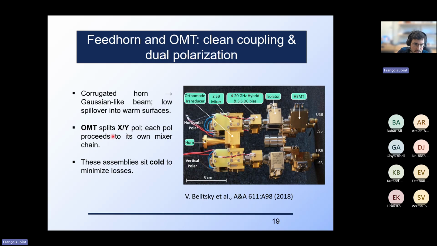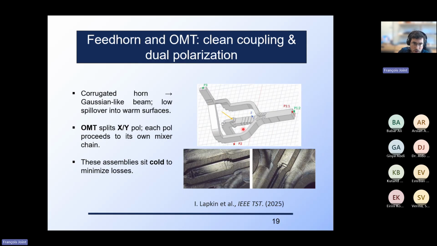As I said, the OMT splits into X and Y polarization, and all that sits at 4 Kelvin in the instrumentation cryostat. An OMT is quite an essential tool because it splits into vertical and horizontal polarization. It's also a complex system to do in waveguide.